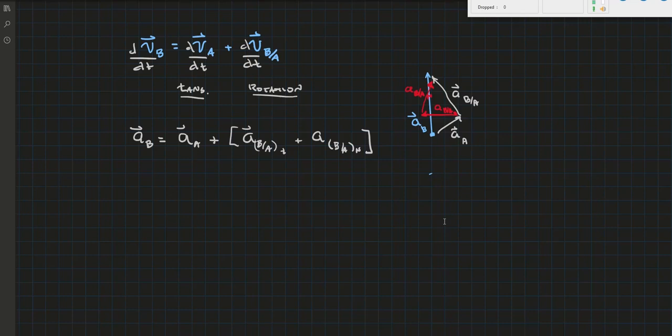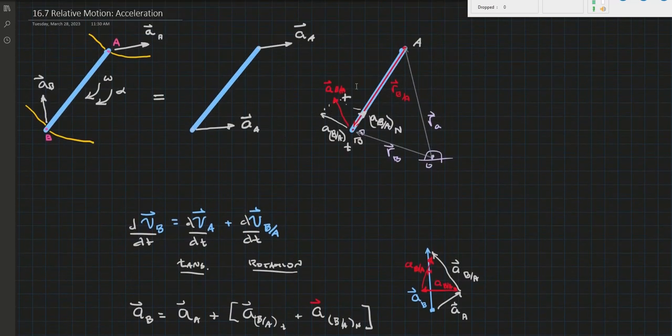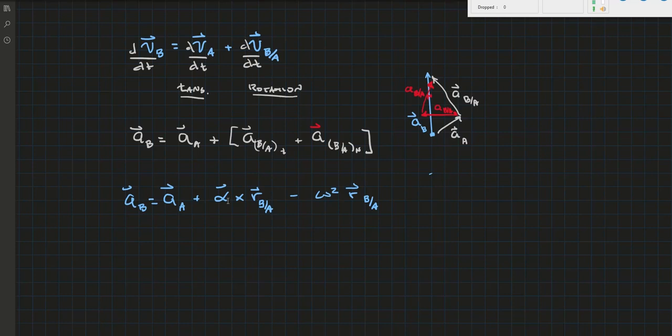So of course we can take this idea and generalize it like we always do and say that the acceleration of B equals the acceleration of A plus alpha cross R of B with respect to A minus omega squared R of B with respect to A. And so all we need to find is the position vector of B with respect to A. We just need to find this from a fixed point and then cross alpha with that position vector.